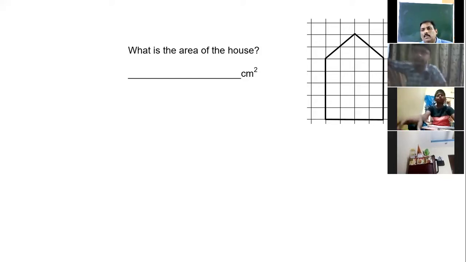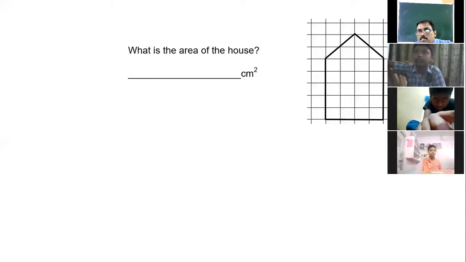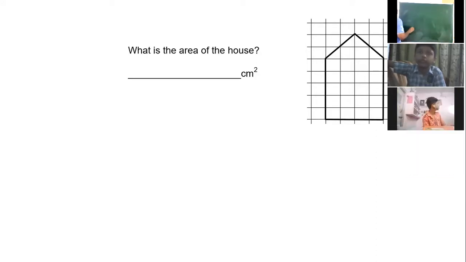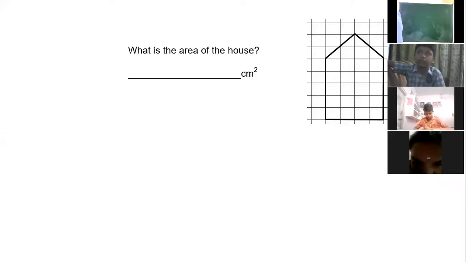In total, how many boxes are there? Easy to count, I think. What is the area? Count full boxes, then half boxes. 22 full boxes.